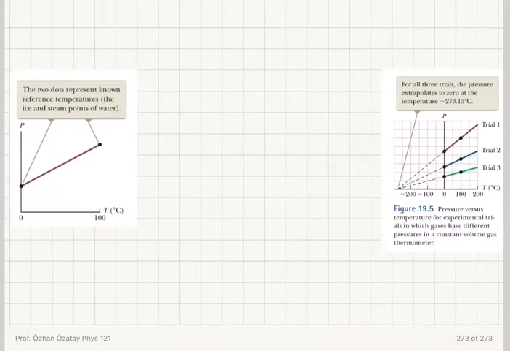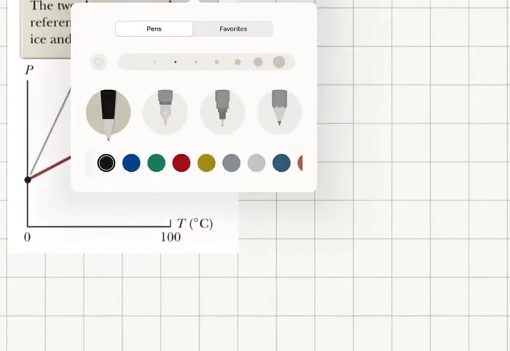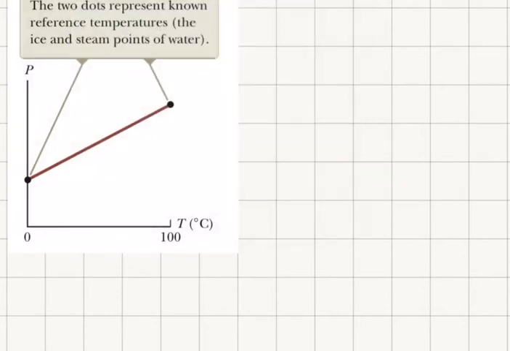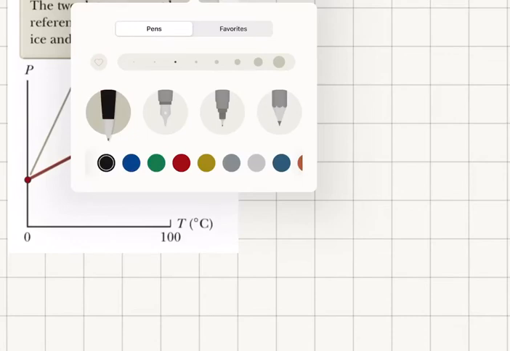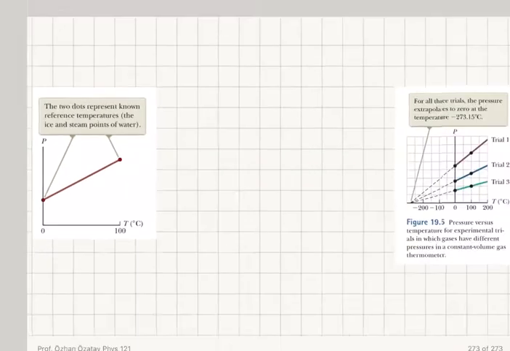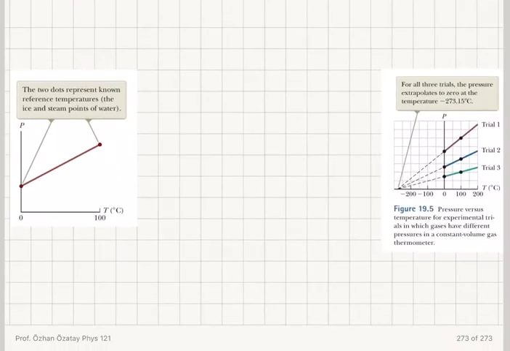So if you look at the calibration of this thermometer, you will see that these two are your calibration points. Here is one calibration point, here is the other calibration point, and then the rest is a linear dependence. Pressure changes with temperature linearly.